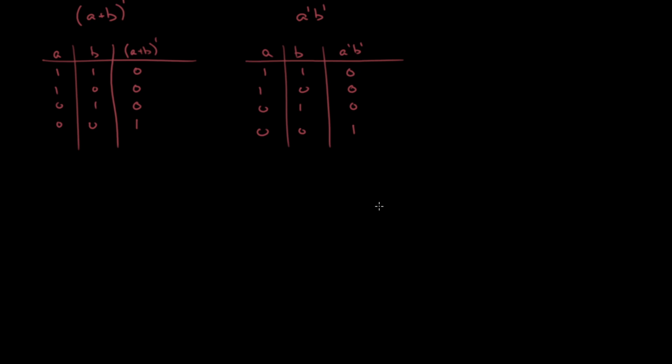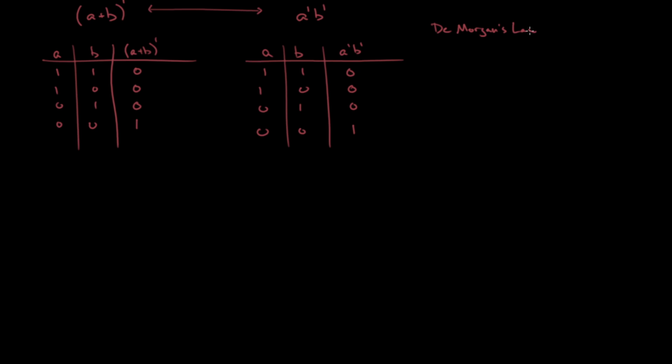All right, so what I can see here, and this is the interesting thing, is that these two expressions are equivalent, which is interesting. And this is so interesting that it has its own name. This is called De Morgan's Law.